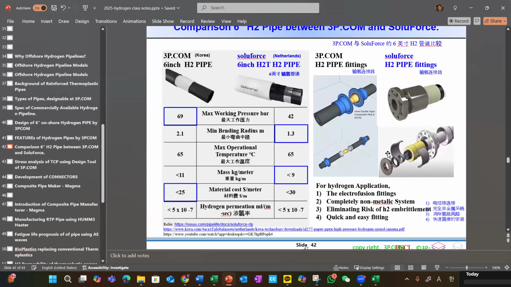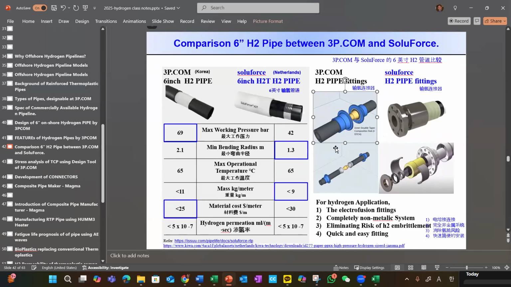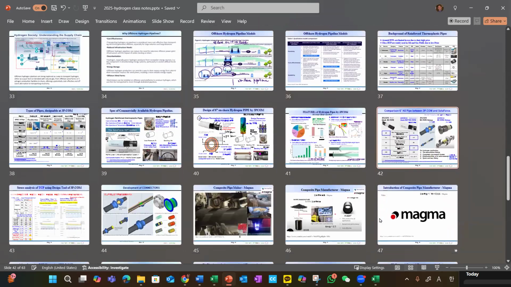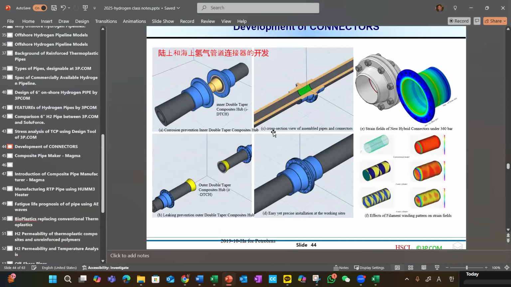And also, I like to emphasize that the connector is also important. There is Sulfur's connector. This is our connector made of full plastics. Connector, we have to make completely leak-free.